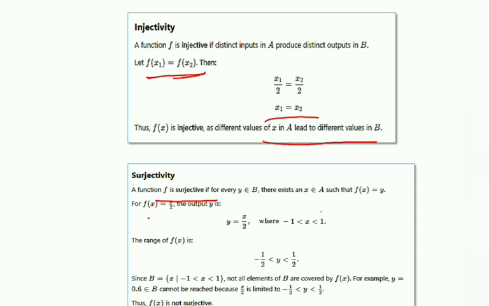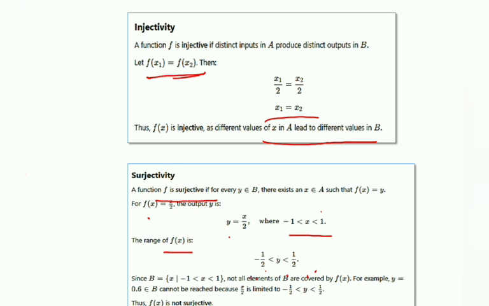So f of x equals y by 2, that is y equals x by 2, with x in the range of minus 1 to 1. So the range of f of x is minus 1 by 2 less than y less than 1 by 2, that means minus 0.5 to 0.5. Y will be in the range of minus 0.5 to 0.5.